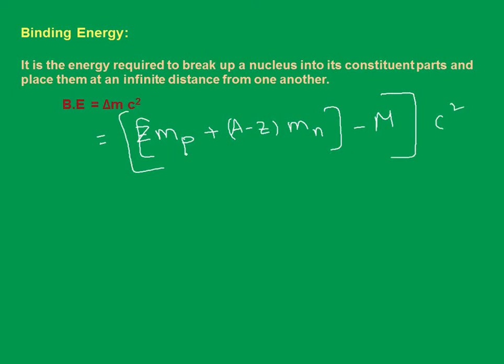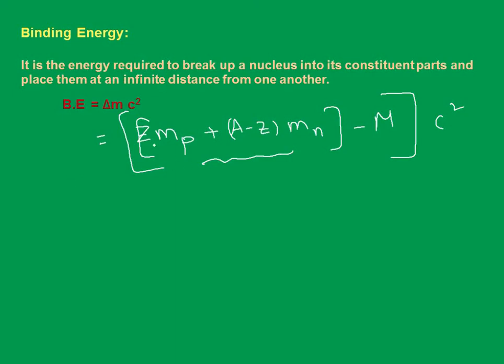Look here, I have not mentioned it in terms of the hydrogen atom, so straight away I am writing Z into mp, the mass of the protons, plus (A minus Z), the number of neutrons, into the mass of the neutron. So total mass of the nucleons minus mass of the nucleus. Hope you are understanding my vocabulary. The first term is the mass of nucleons, while this is the mass of the nucleus, into c square.